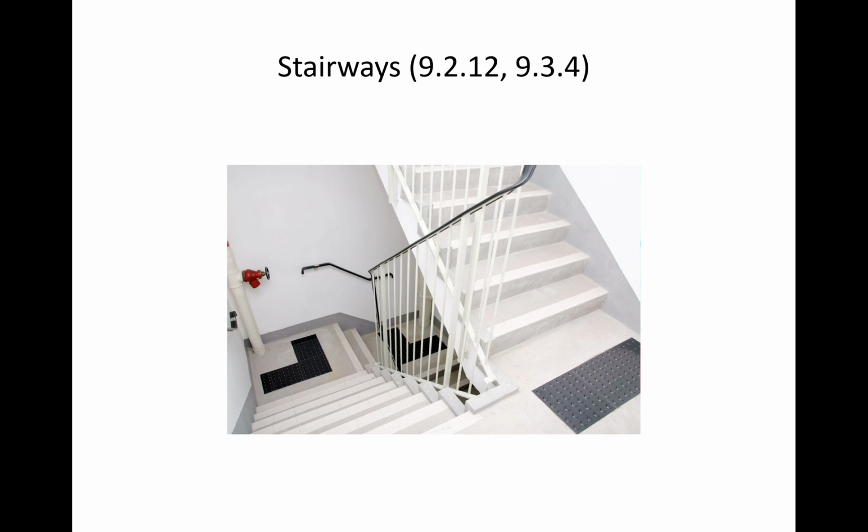Next, for stairways, we have two cases here. The first case, the stairway is of combustible construction. In this first case, the sprinkler shall be provided at the top of the shaft, beneath the stairway, below the landings at each floor level, and below the lowest intermediate landing.